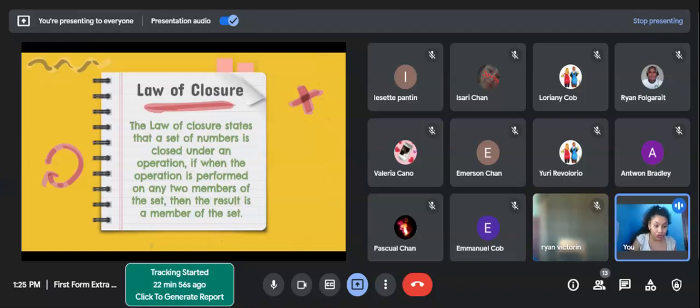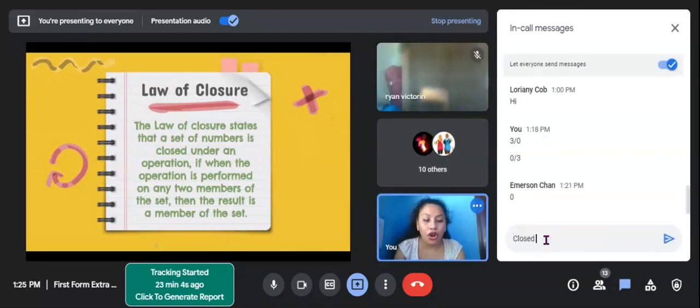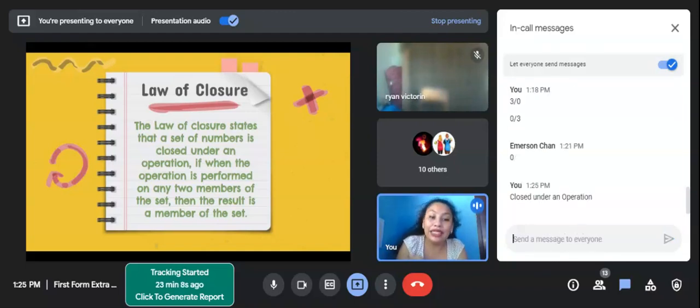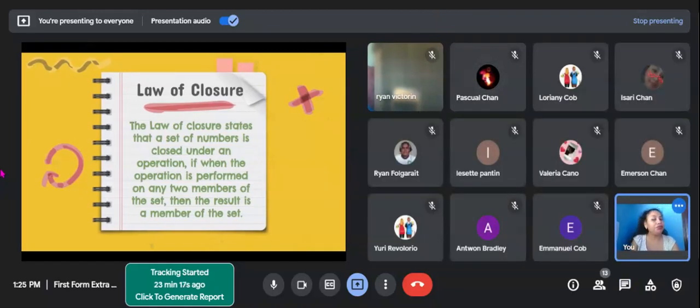The first law is the law of closure, or closed under an operation. That is the name that Mrs. Katsim used. Closed under an operation is the same thing as law of closure, but law of closure is the one that I have in the package.